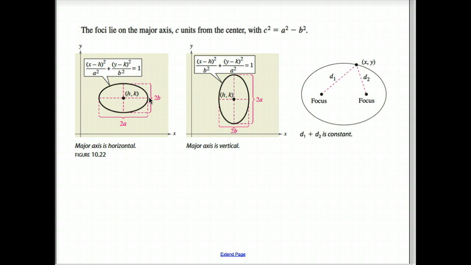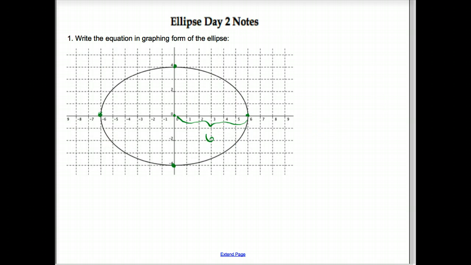From here to here is the length a. From the center to the minor, half the minor axis, or the center to the closest edge, is b. So a equals 6, and this is b, and b equals 4. Therefore, we can easily write this equation.